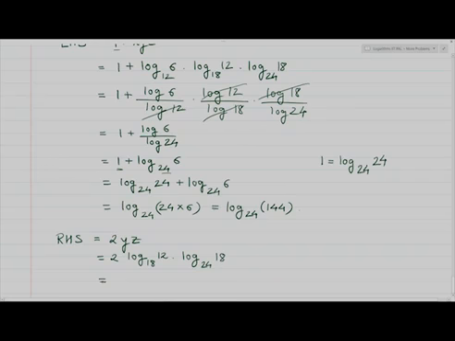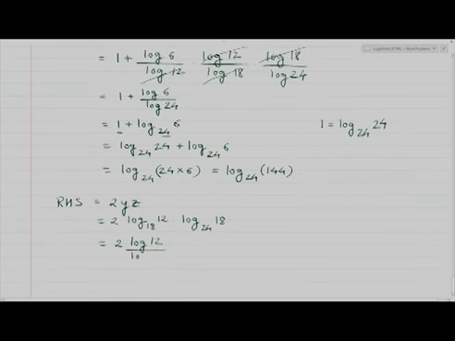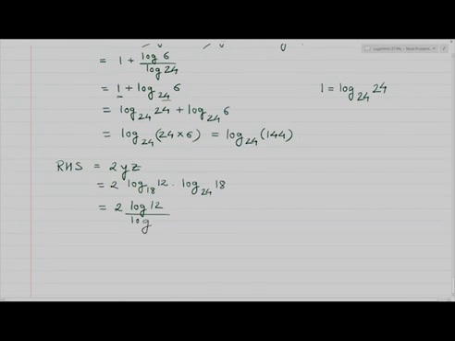Again change of base in action. So, it is log of 12 upon log of 18 into log of 18 upon log of 24. Again I am getting the same thing. So, this is equal to 2 into log, 18 getting cancelled.